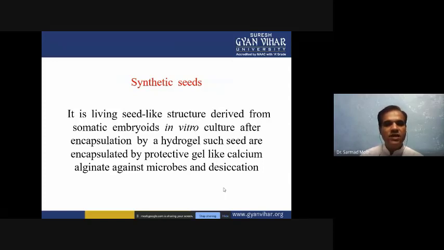This protective encapsulation provides a barrier against microbes and desiccation, and since this hydrogel contains water, it protects the somatic embryos against desiccation.